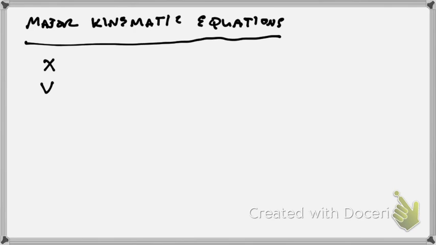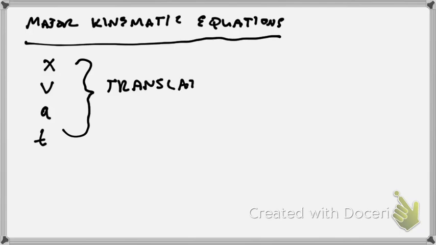We talked about acceleration, right? We talked about time. And now what we're going to do is we're going to take all of these variables and we're going to make equations to help solve translational motion problems.